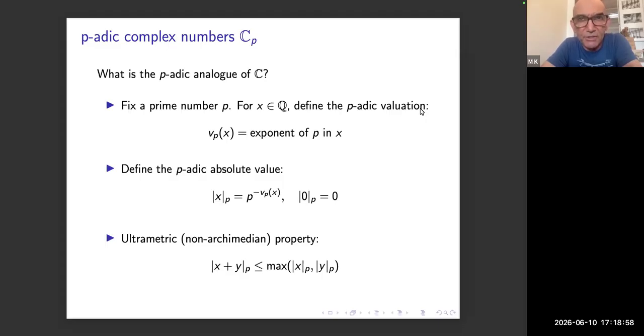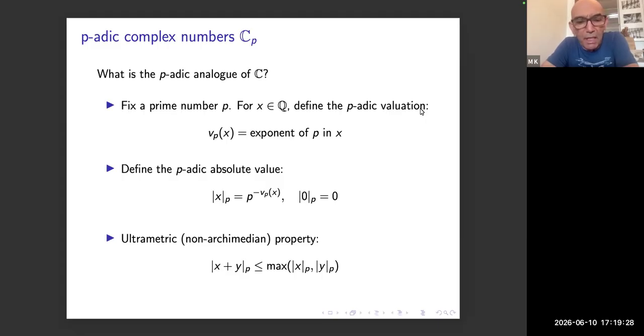So if x is an integer, this is the highest power of p that divides x. If it is the quotient of two relatively prime integers, you just subtract them. So using that, you can define the p-adic absolute value, which is defined as: the absolute value of x is p to the minus Vp of x, and you just define the p-adic absolute value of 0 to be 0.